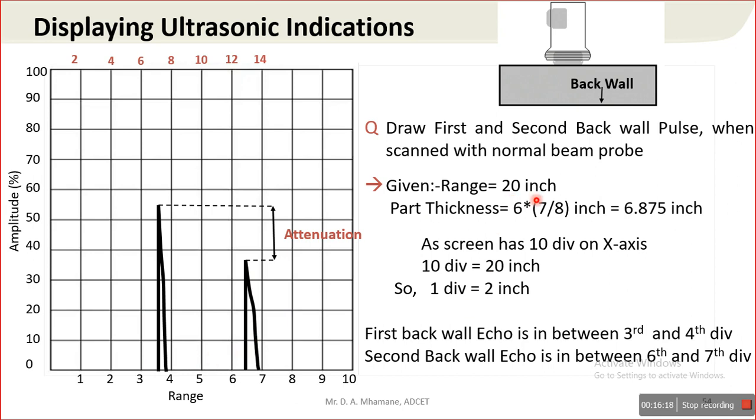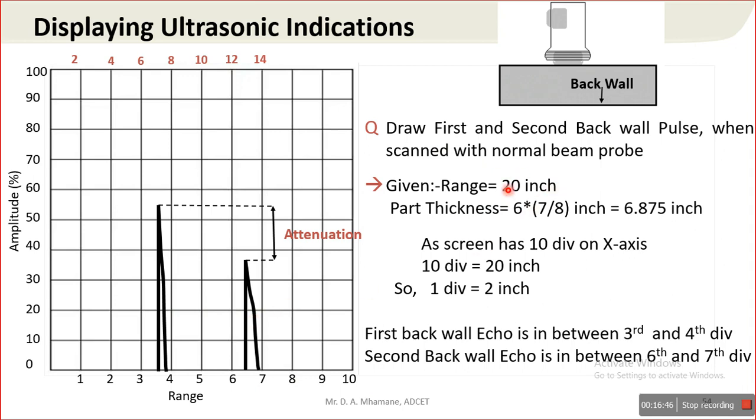Suppose the screen has another range, means 25 or 30, then again with multiplication of these two echoes, the next echo appears on the screen. As in the problem they have asked only to draw first and second back wall, we have drawn only 1 and 2 back wall on the screen.